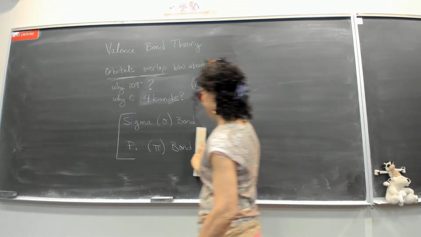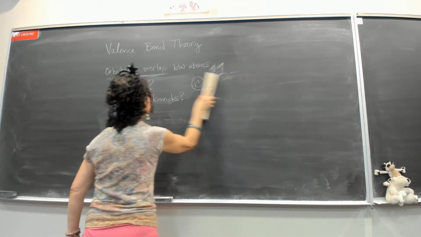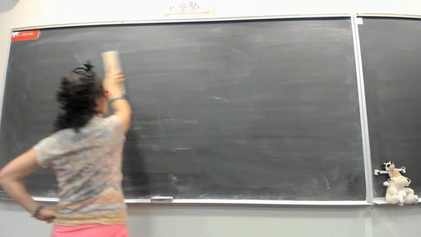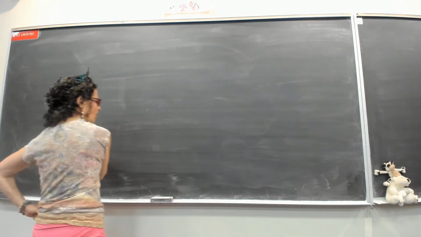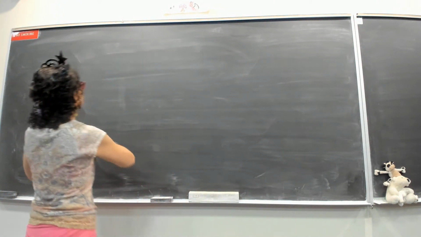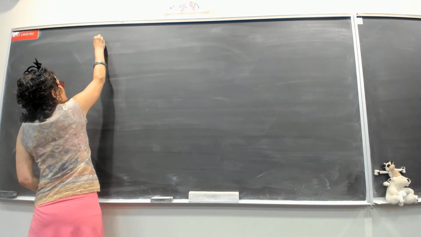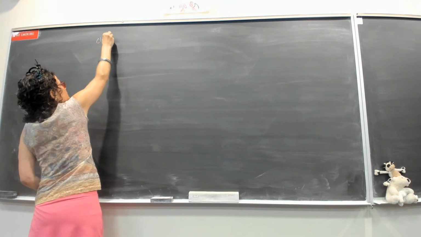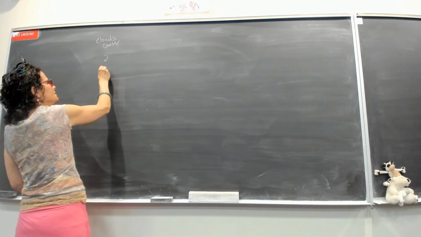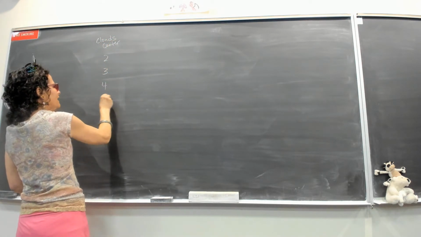We're going to make a chart. So the hybrid orbitals always have to do with the VSEPR geometry. So if we talk about our clouds around the center, we have the possibility of 2, 3, 4, 5, or 6.